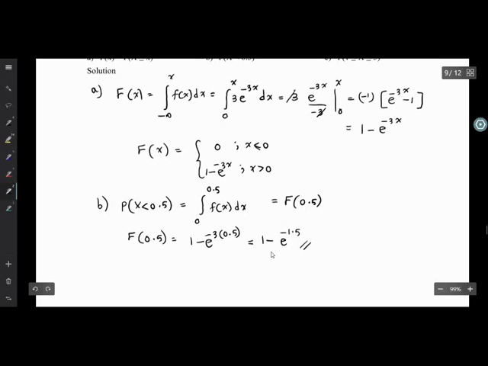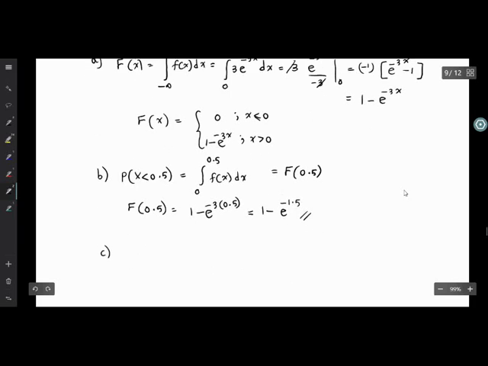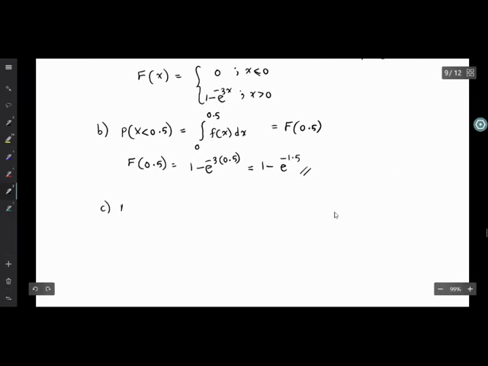Okay. What about part C? That is also easy if you have the CDF. So you need 1 up to 5. One method is you can integrate the whole function from 1 to 5. Or what you can do is F5 subtract F1.